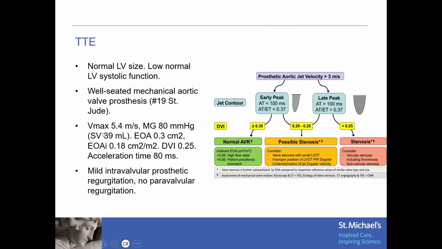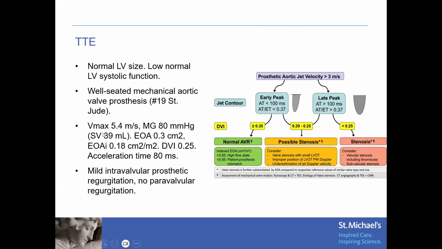It's within normal. So you go down to the DVI stage. DVI is borderline, the 0.25, unclear where we are. Could it be stenotic? Could it not be? And then the indexed EOA is very low. So there's clearly something abnormal here.